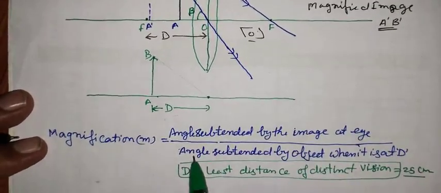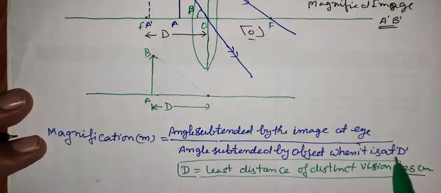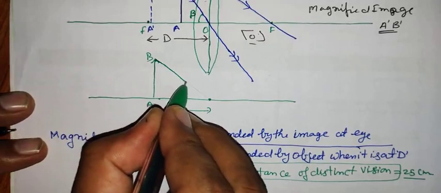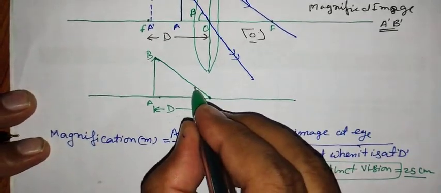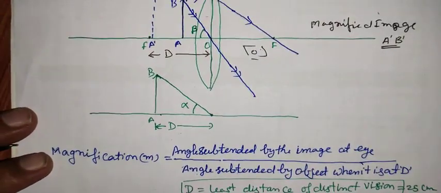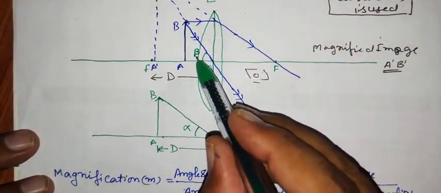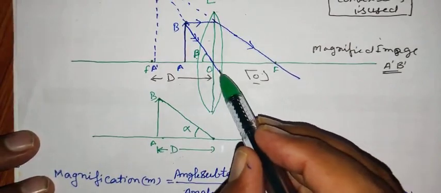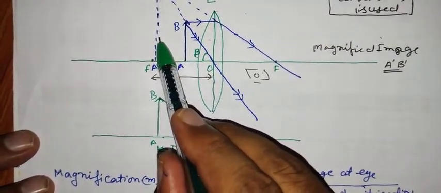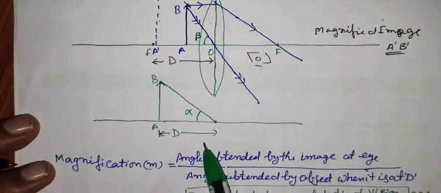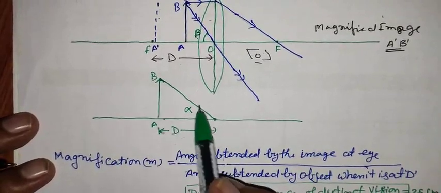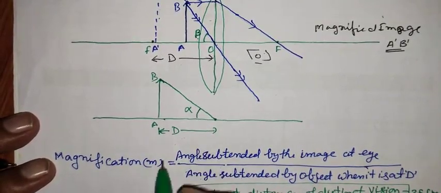Then in the formula, for the angle subtended by the object when it is at D, let the visible angle be alpha. The visible angle beta is subtended at the eye for the final image, and without the lens, when the same object is viewed, it makes visible angle alpha.